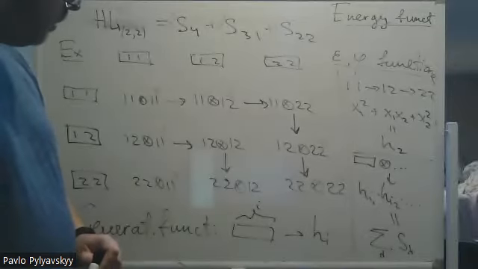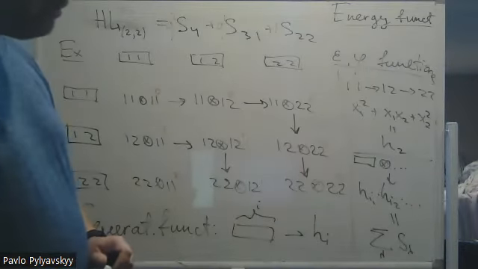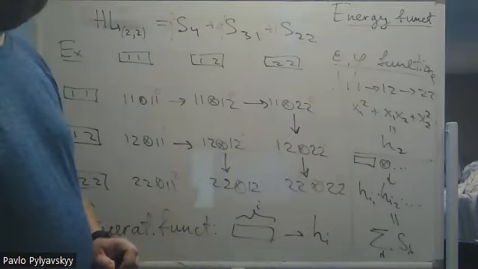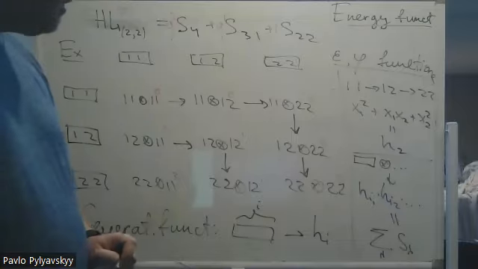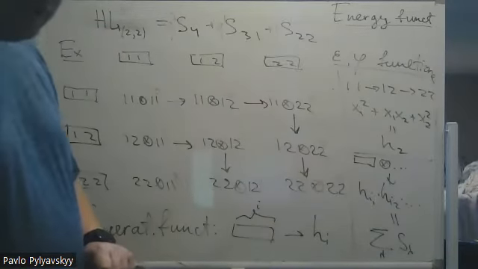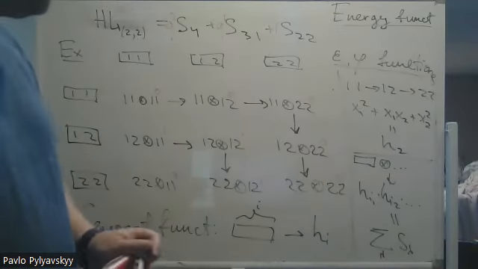Let me see if I can say something intelligent. There is a way to think about the energy function, I believe, where you take some kind of central extension of the quantum group. So you get a bigger quantum group. And then you check how the central extension acts on your modules, and it acts by multiplying by q to some power, and this power is exactly the energy function.